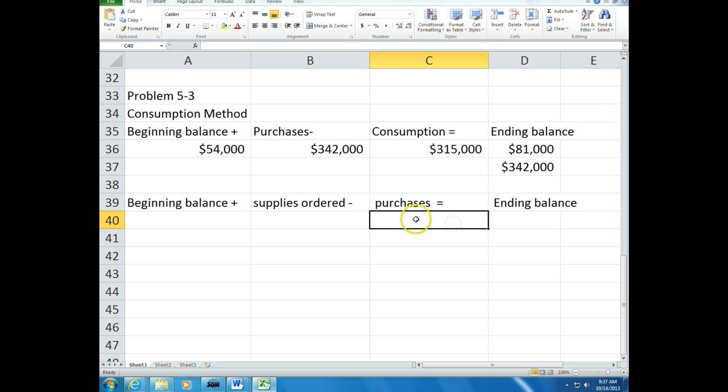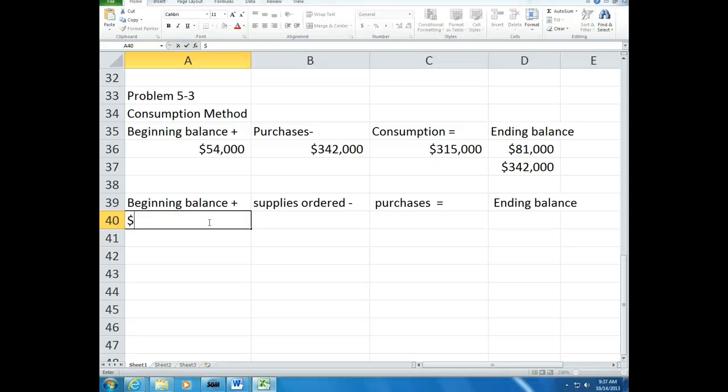equals ending balance, okay? So when we're looking at the reserve for encumbrances account, assuming actual purchases equal the amounts encumbered, our fund balance is assigned, which means it's been earmarked.